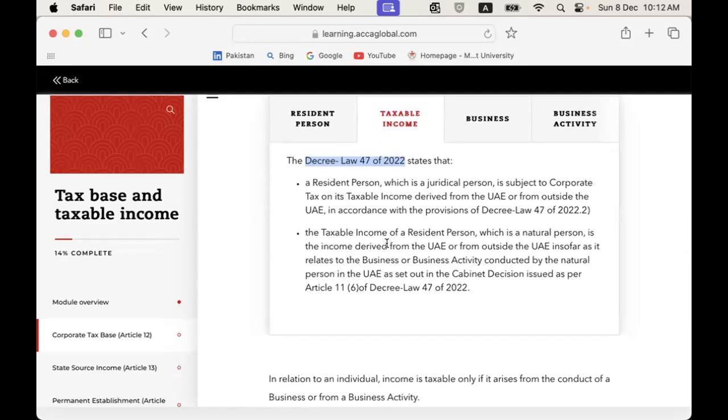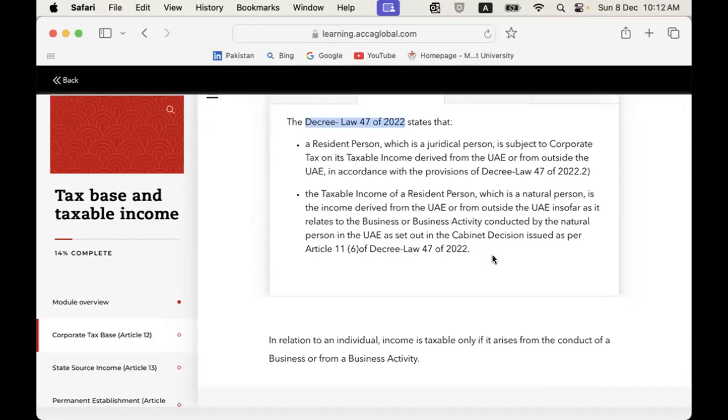Secondly, the taxable income of a resident person, which is a natural person, is the income derived from the UAE or from outside the UAE. So the interesting point is that if a natural person is a resident person, then the income from the UAE will by default be taxable in UAE.